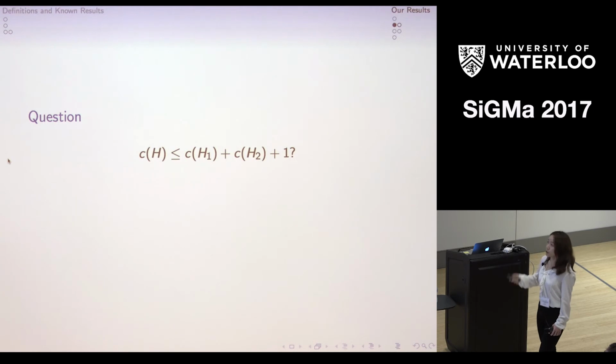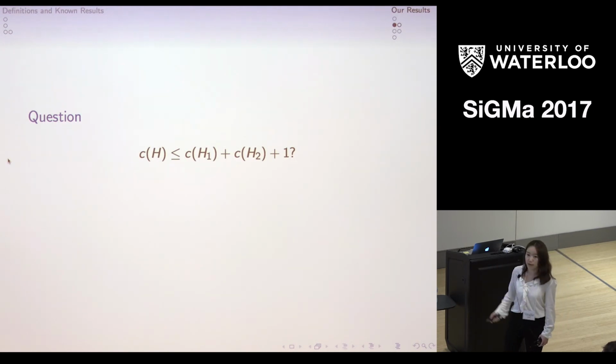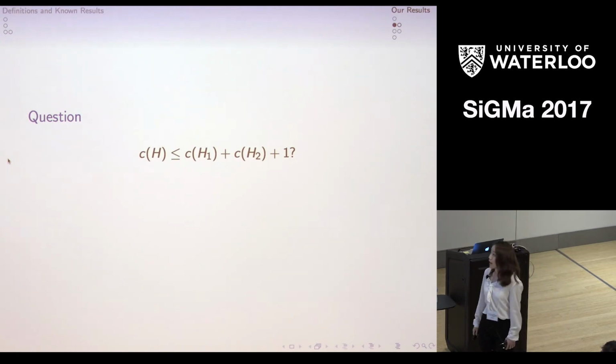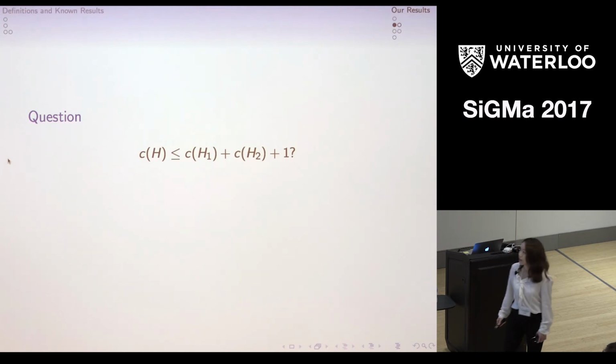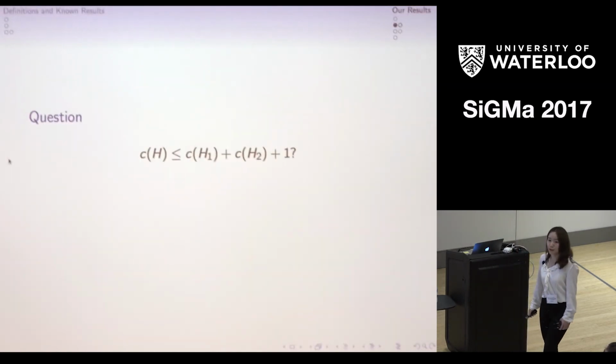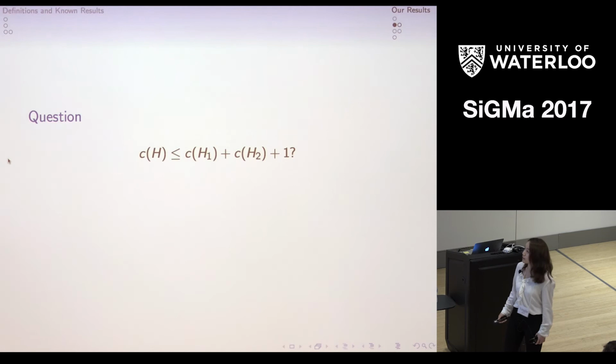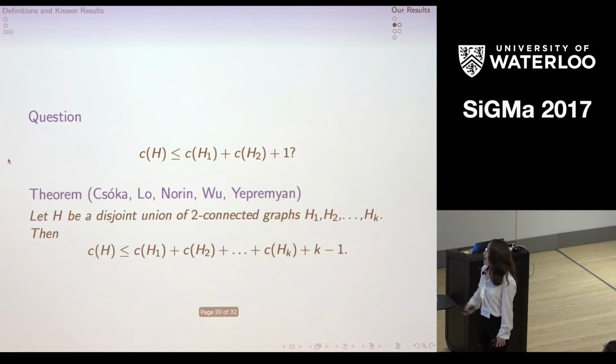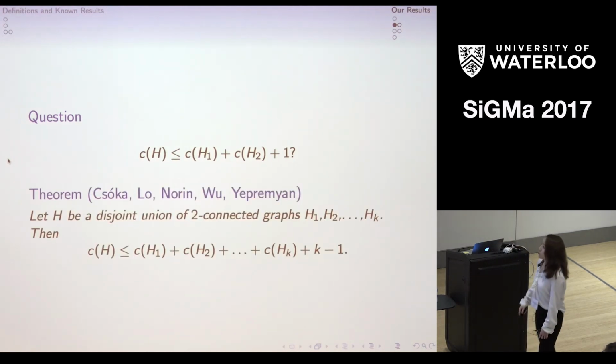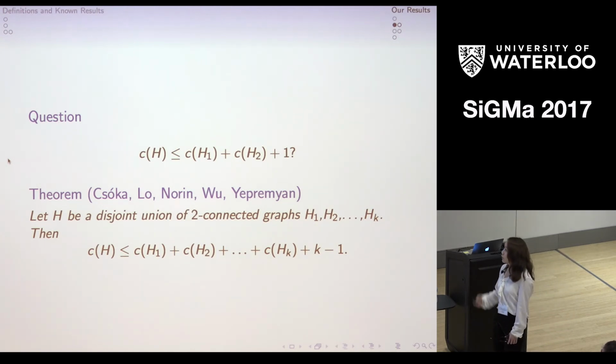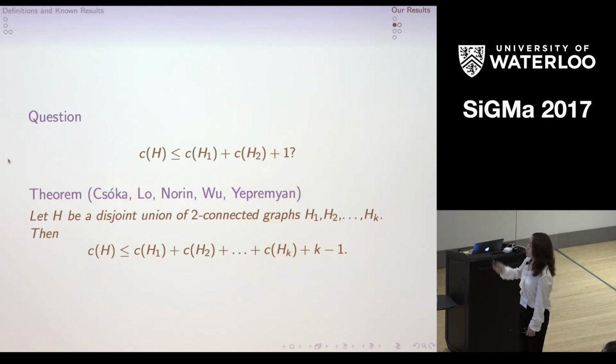I asked this question before all those results, when I was an undergrad, and I was pretty happy about it because it's not every day you can ask Sergey a question that he's unable to solve in 10 seconds. Andrew Sokol, Aaron Lowe, Sergey Norin, Hehui Wu, and Liana Yepremyan proved a weaker result of this question.